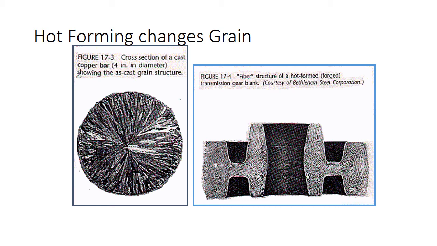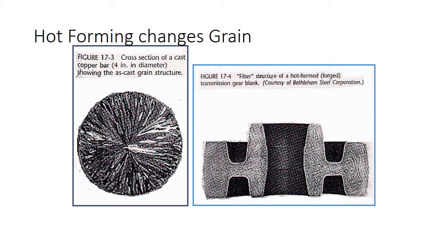The center is the last part to harden, and they come in from the outside and start going in. Think of it as freezing an ice cube. If you've ever used ice cube trays and you've got a party coming up, you want to see if the ice is ready to crack out, and you stick your finger in there and break through the top, you notice that the top freezes before the middle does. Same thing happens with castings.